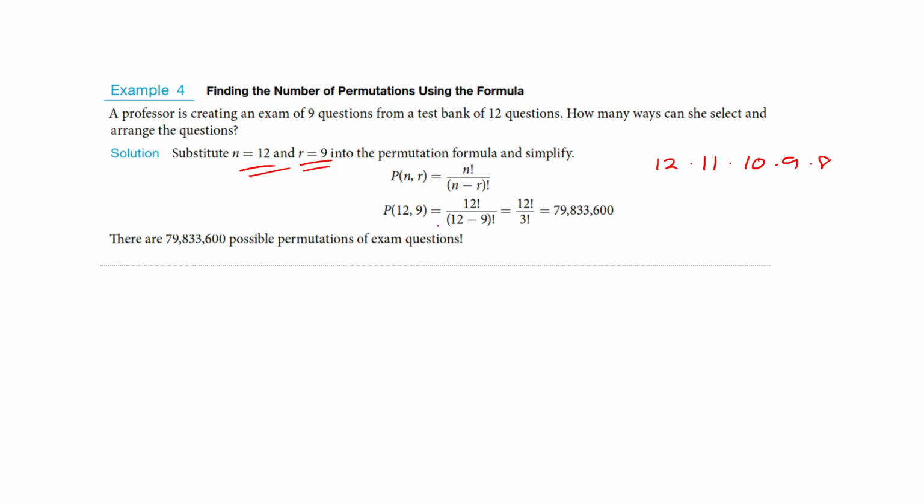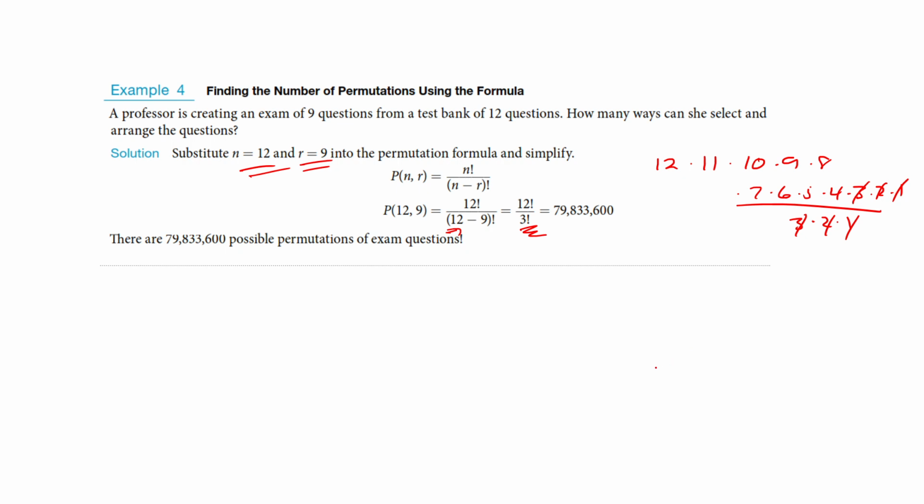But what we're going to do is stop after we've selected 9 questions. That's what this bottom is doing. So after 9, we're getting rid of these last choices. That's what it's doing. All we're doing is chopping off these last choices.